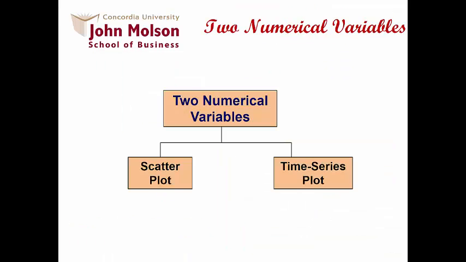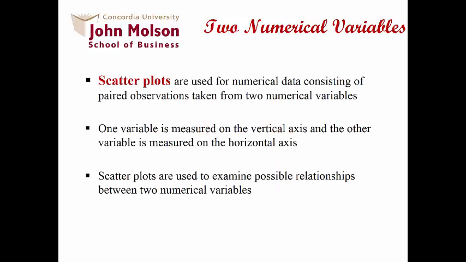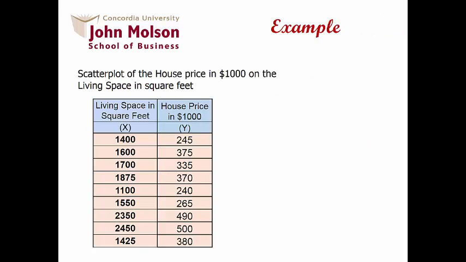If I have two numerical variables, studied two at a time, very often what we will use is the scatter plot, and it pairs the observations. One variable is measured on the vertical and one on the horizontal. Then we try to look at the possible relationship between the two variables.